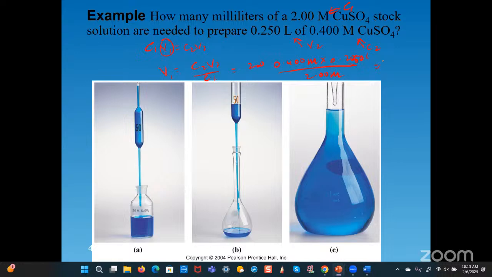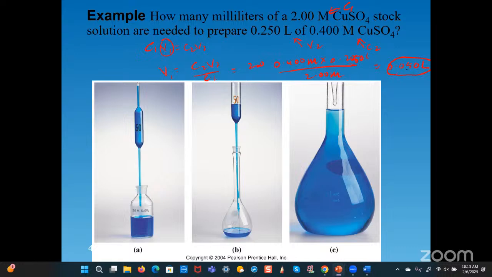So 0.4 times 0.25 divided by 2. According to my calculation, this would be equal to 0.050 liters. So what you'd have to do is measure 0.050 liters of the more concentrated solution, and then add water until the final volume of the solution is 0.250 liters.